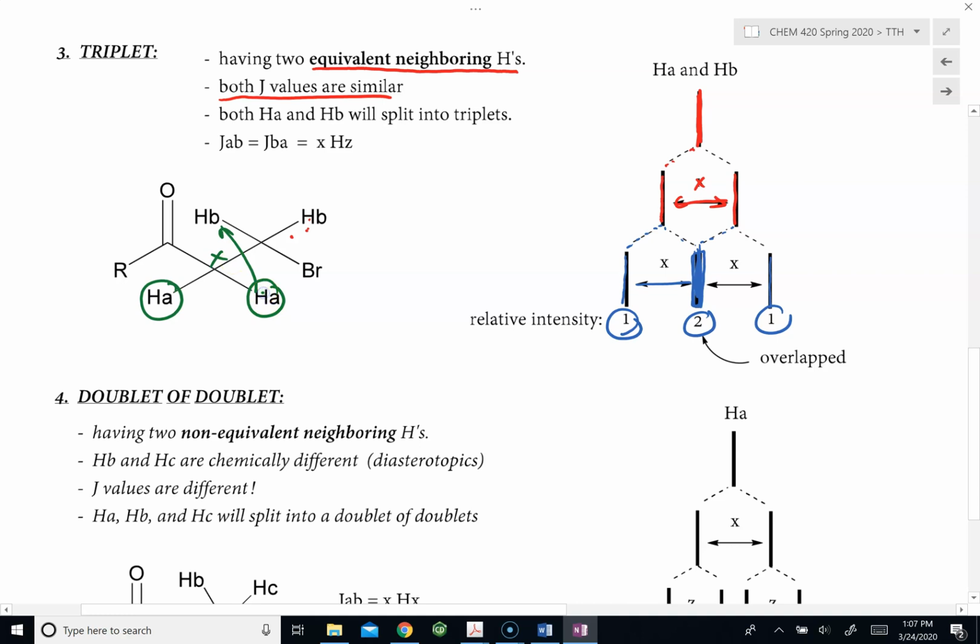This HA also communicates with the other HB, and because both of these HB are chemically equivalent, therefore the J value here is also x as well. So that's why over here they will be overlapping in the middle. And both HA and HB would be a triplet.